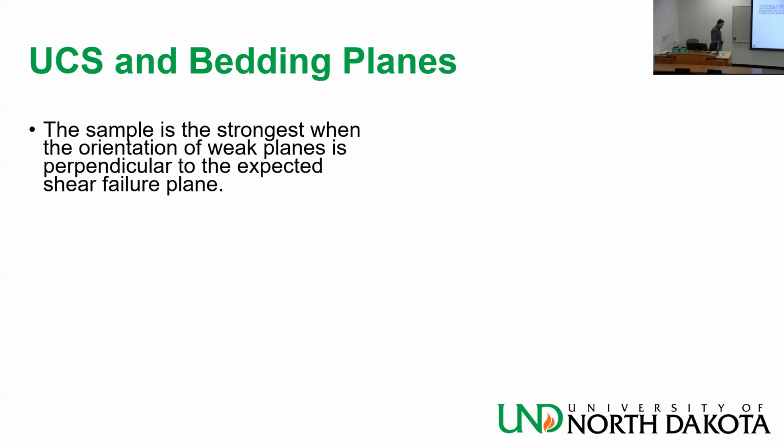They were giving us intentionally samples that had layering in them. And if you put them a certain way, you get a certain result that is different from if you put it a different way. And we were in groups, and each of us was doing a core sample with a different bedding plane than others. So we were getting different results, but it was expected to get different results.